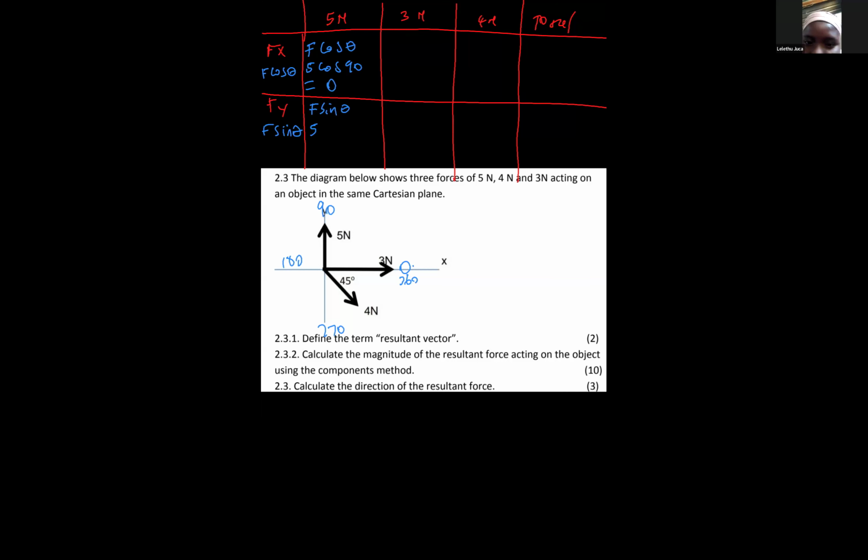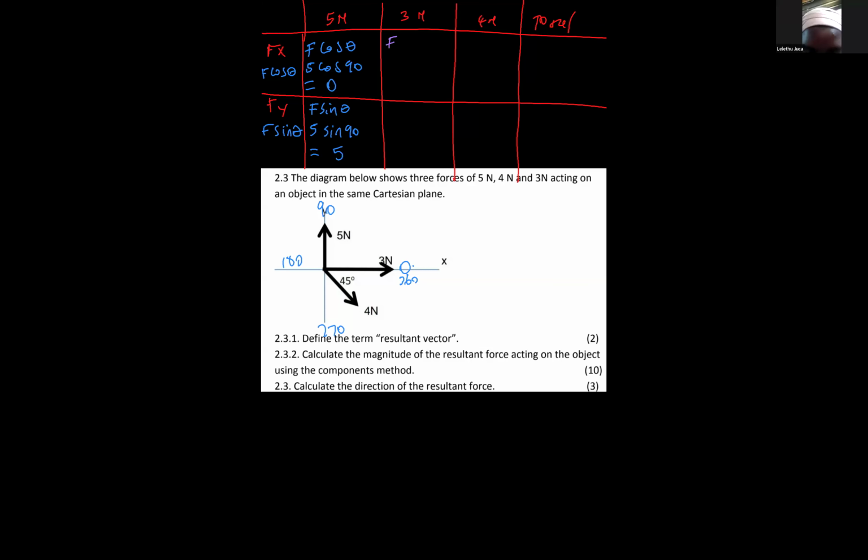Sine of theta is 5 sine 90. I used cos instead of sine, sorry. We use the same angle, right? Yes. So this is 5. Yes. Okay, let us move to the next one.